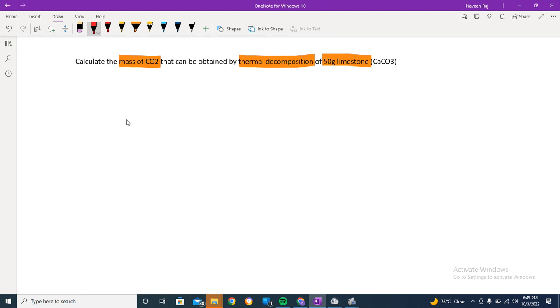First, write the formula of limestone, CaCO3. We write delta H since we are providing heat, and this is a decomposition reaction. It gives CO2, and we need to find the mass of CO2 produced.